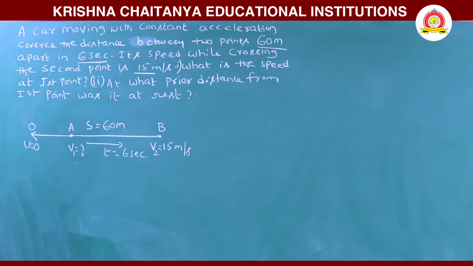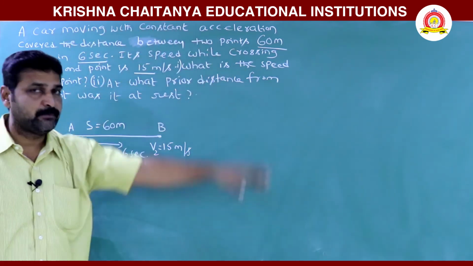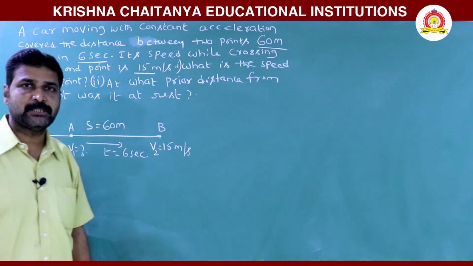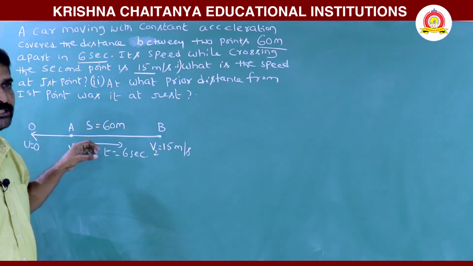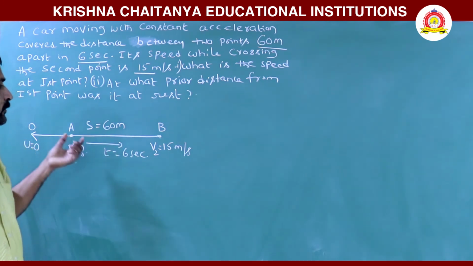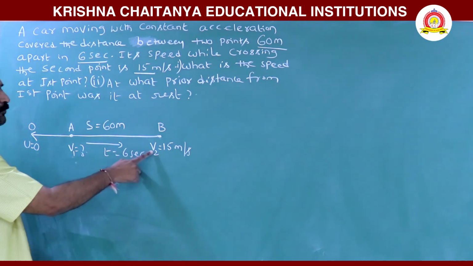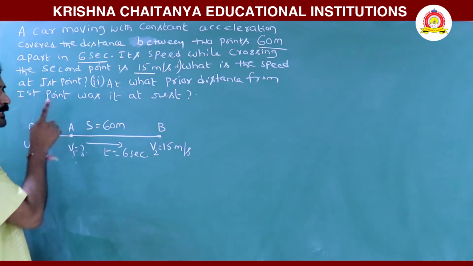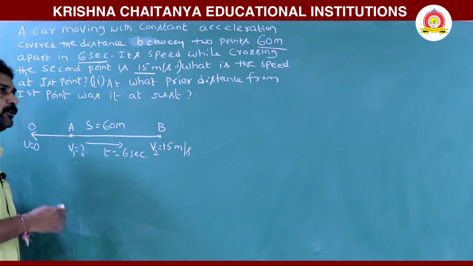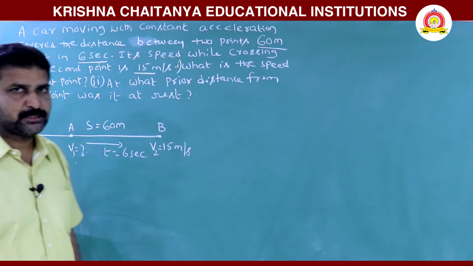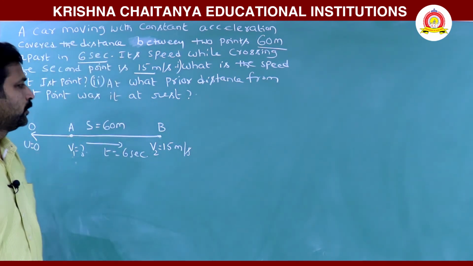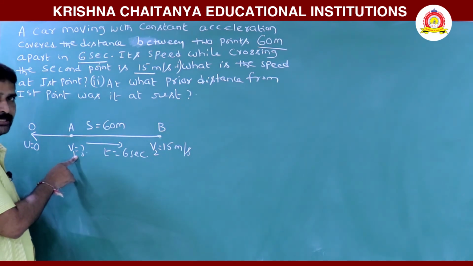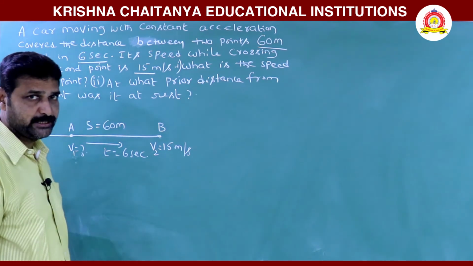So while you are solving problems in motion in a straight line, for constant acceleration methods, we have equations of motion, but you have to decide which equation is to be chosen. Here according to the data, V1, V2, T, S. So if we go for general equations of motion which are V is equal to U plus AT, there you don't know initial velocity, again acceleration is unknown.